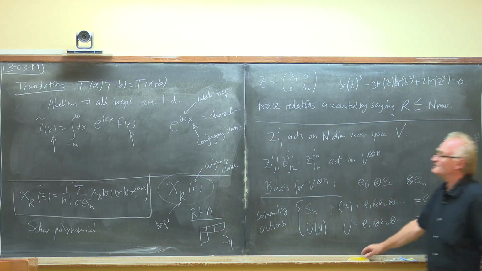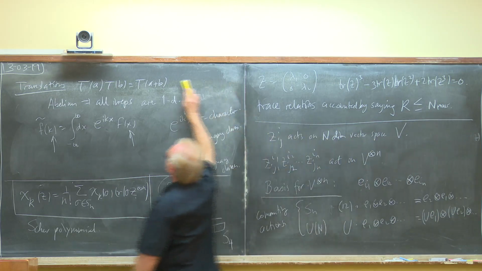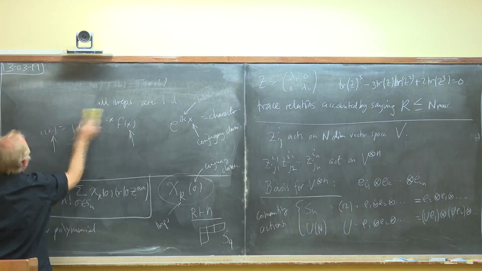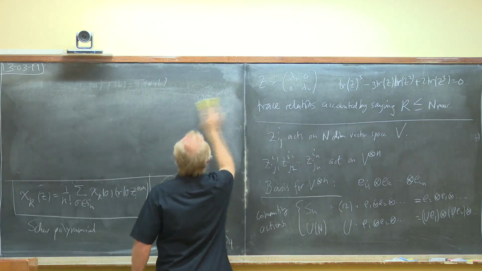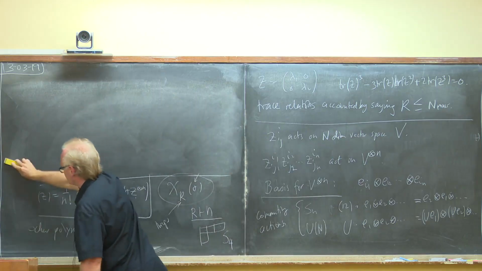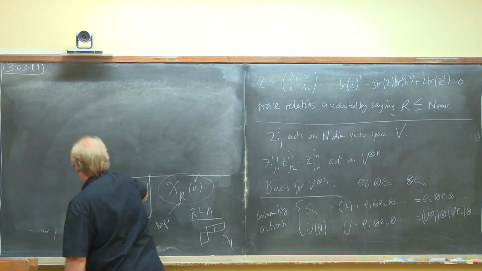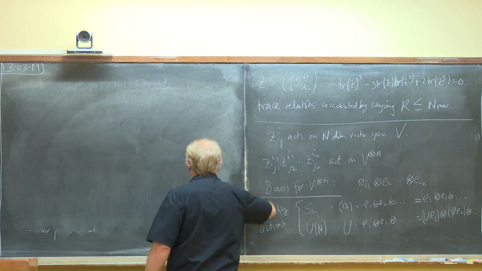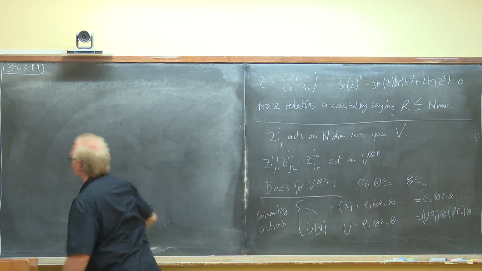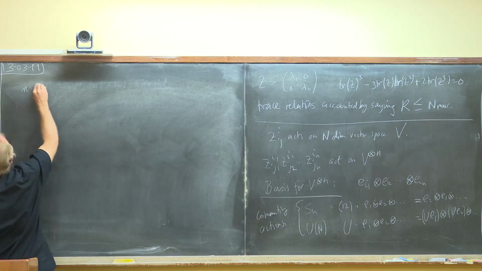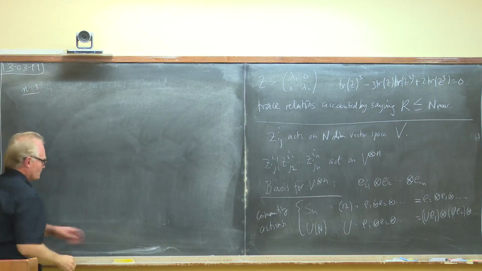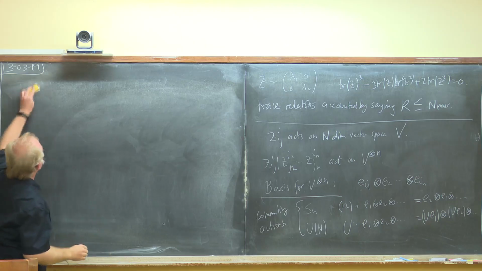And one nice thing about this space is the following. I will just illustrate it for n equal to 3. I want to make a claim that I will just illustrate for n equal to 3.